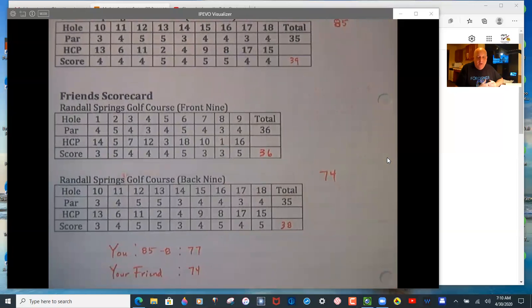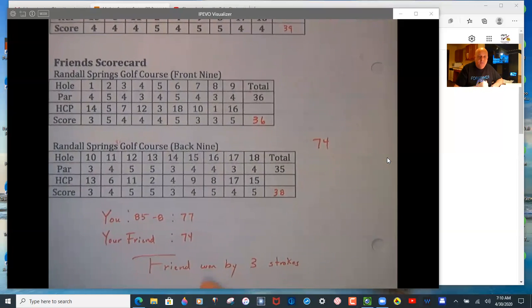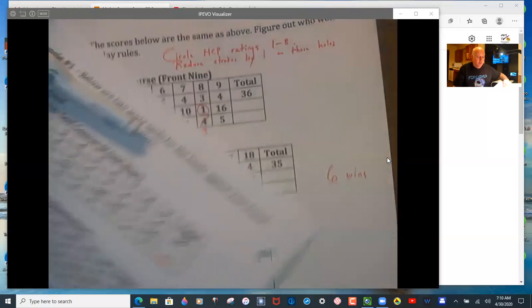Because you're going to get help with 8 overall on total strokes, you subtract 8, making yours better. Your friend still won, though, because the lower score in golf wins with total strokes. This is the easy side of it. You just take that difference and subtract it from whoever had the higher handicap. Their total strokes score gets lowered by that much.